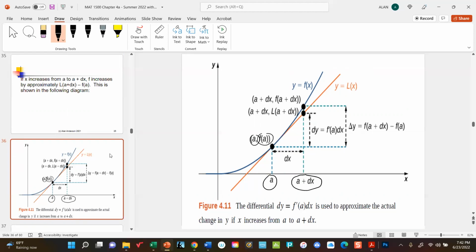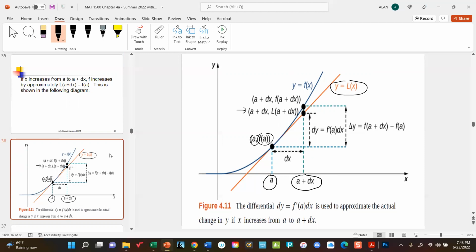Well, if we use our linearization function, we end up with a plus dx comma. Now remember, this is the x coordinate. This is where x is now. The y coordinate is approximately equal to L of a plus dx. The actual new value is a plus dx comma f of a plus dx.